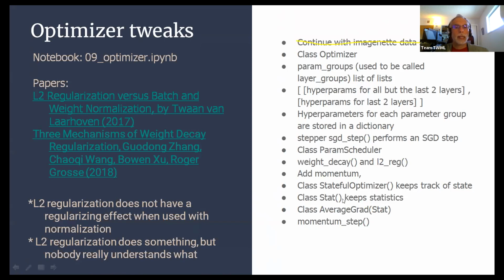And then he has another class, stat, that keeps the statistics like the means and the variances of the weights and so on. Because of momentum, one of the terms involved is an exponentially weighted average of the gradient. So he has a class to calculate that, and then having built all those things, he then does the momentum step itself.